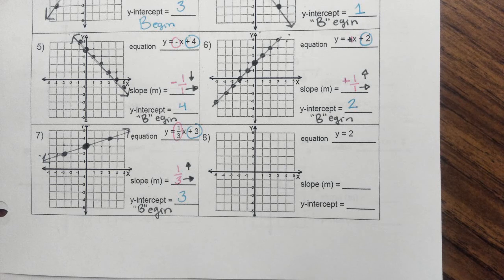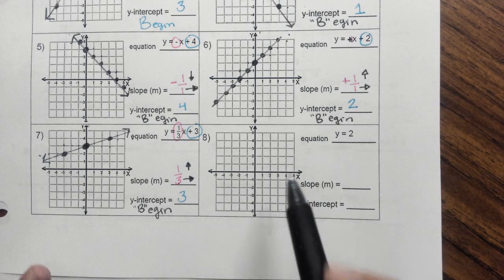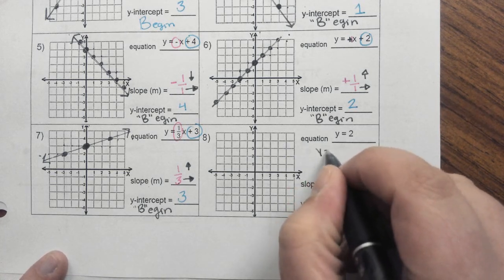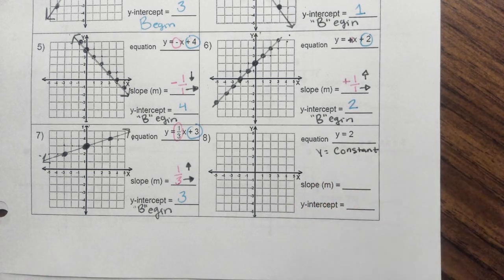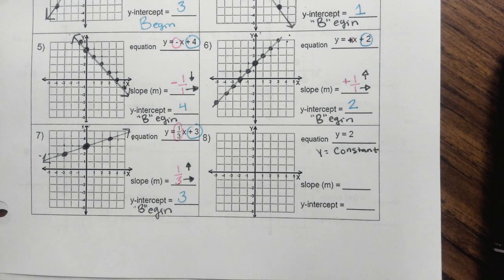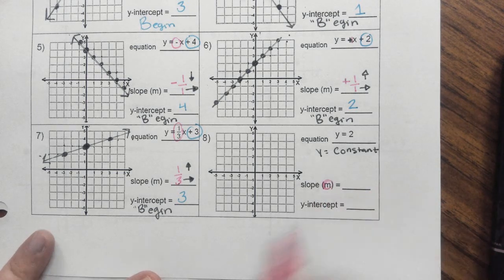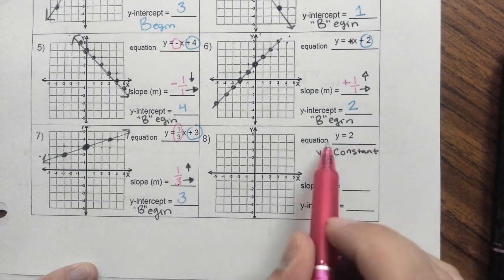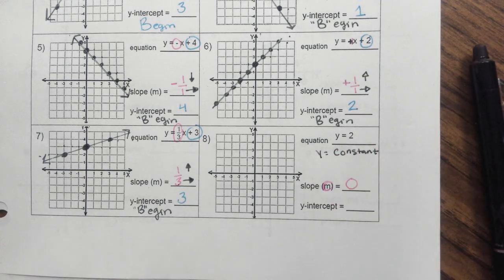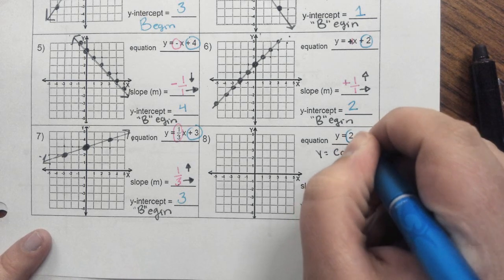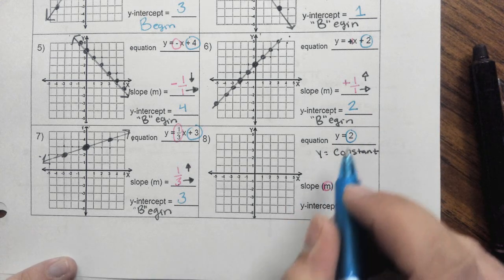Looking at our last equation, this is y equal to a constant. So the slope, that's m, that's the number in front of x. There are no x's. Since there are 0 x's, our slope is 0. The constant is our y-intercept, and whatever sign is in front of it.